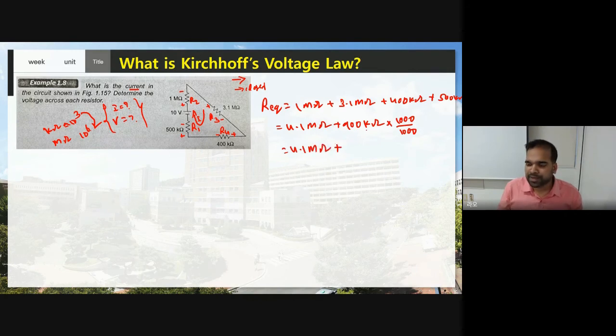Therefore this 10 power 3 into this 10 power 3, you can write 900 by 1000 into mega ohm. Yes or no? Yes. Okay, 10 power 3 into 10 power 3 will become 10 power 6. This is mega ohm. So 4.1 and 900 by 1000 is equal to 0.9 mega ohm. So if you add these two, you will get 5 mega ohm. Okay, now clear.